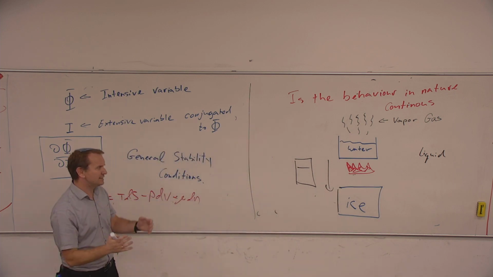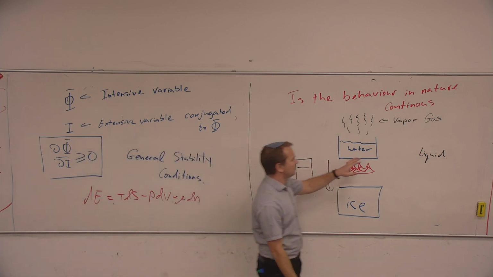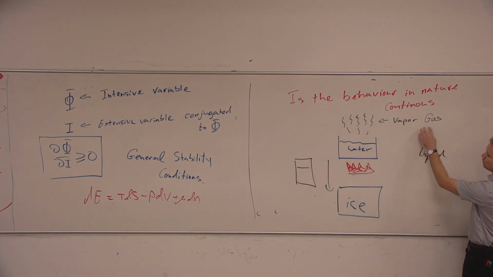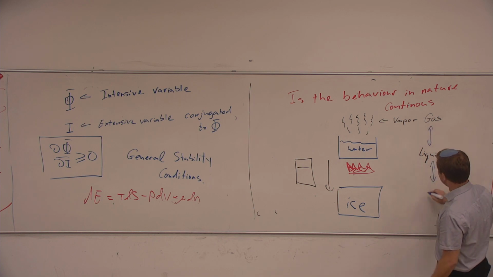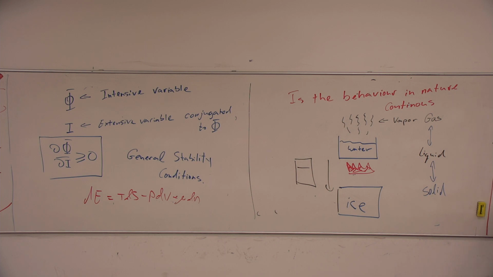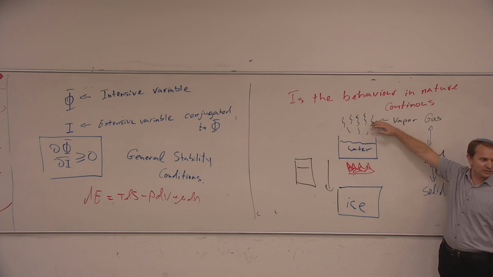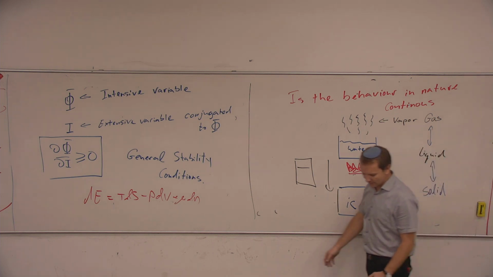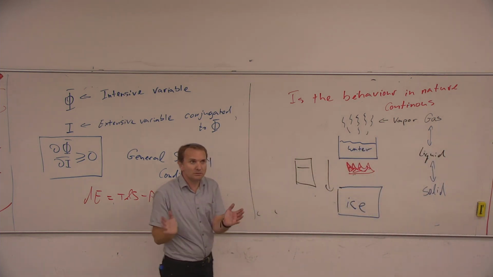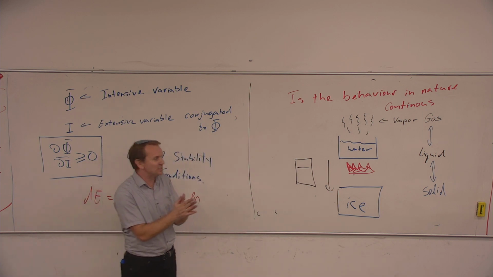Now we can say, well, Stas, you can shift your system from liquid to gas and from liquid to solid by some specific continuous transformations. Right? You heat it a little bit, it vaporizes. You cool it a little bit, it solidifies. Questions? This is all what we are familiar with in this phenomenon.